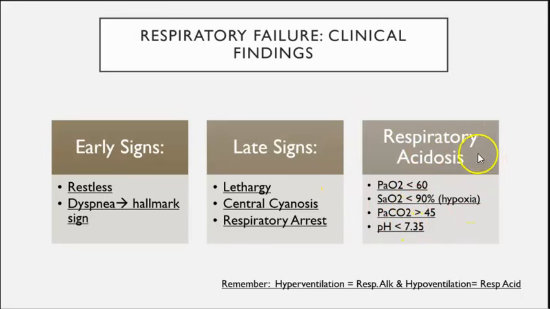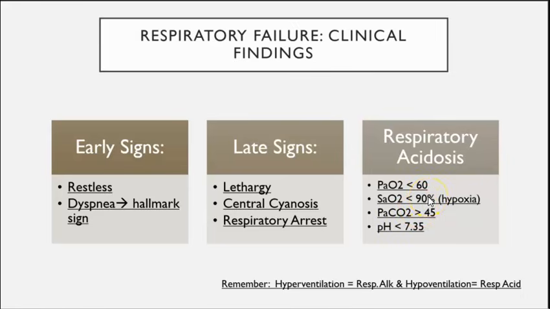And then, of course, we're going to look at our ABGs. So respiratory acidosis means your patient's not bringing oxygen in and they're not breathing CO2 out. So their arterial oxygenation is going to be less than 60. Our oxygen saturation on pulse ox is going to be less than 90%, unless there's COPD.